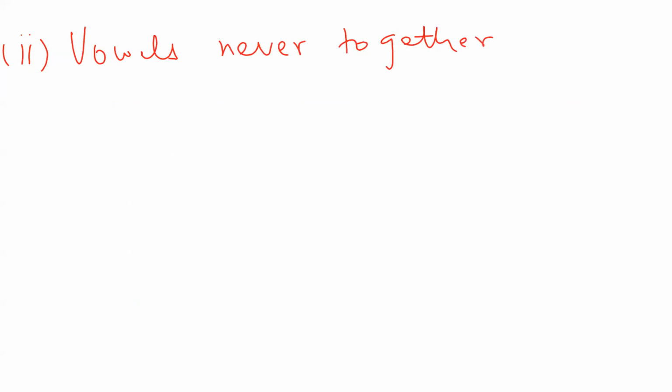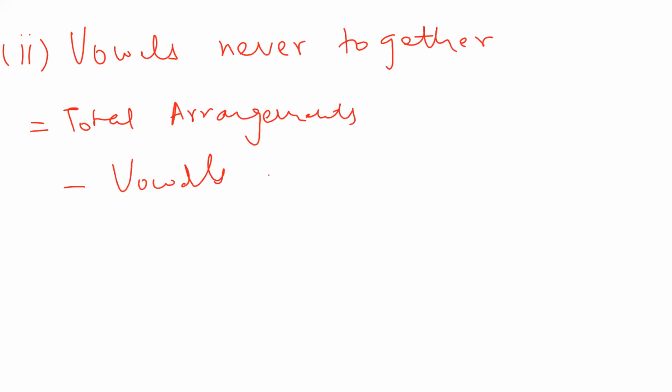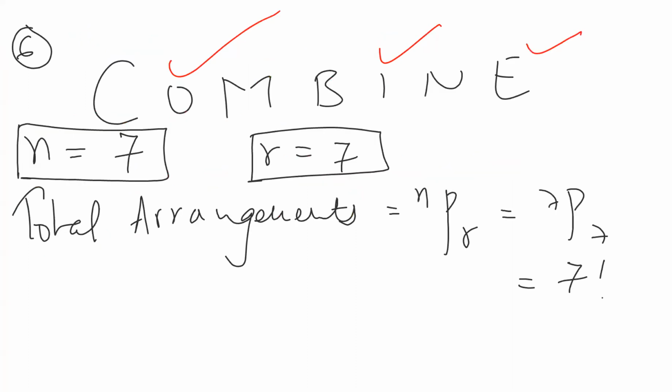So the next sub question is: the vowels never come together. This is equal to total arrangements minus vowels always together. The total arrangements are 7 factorial without any condition.